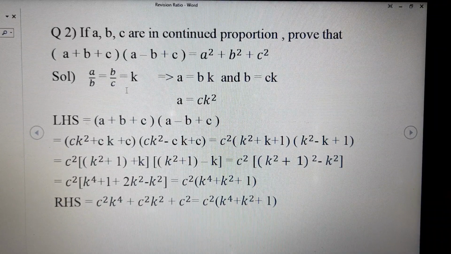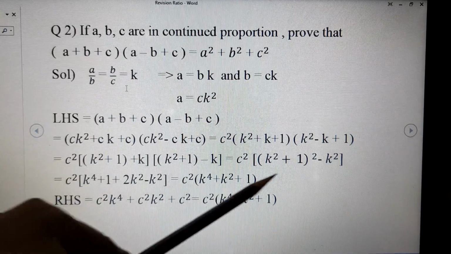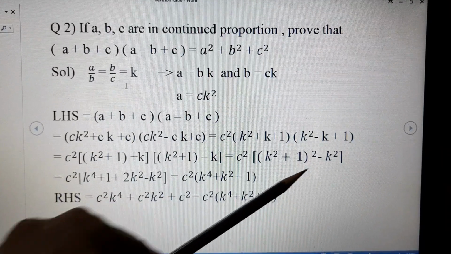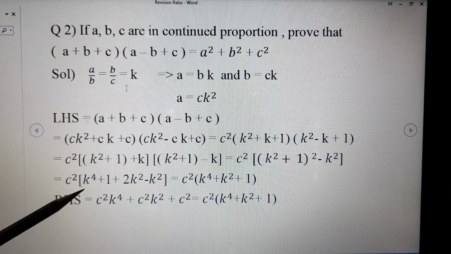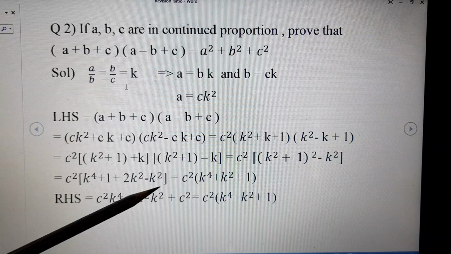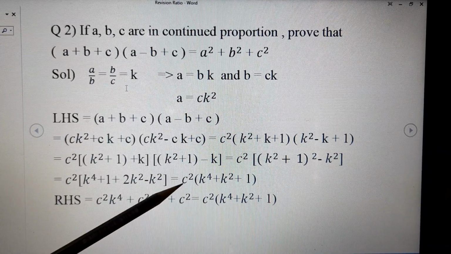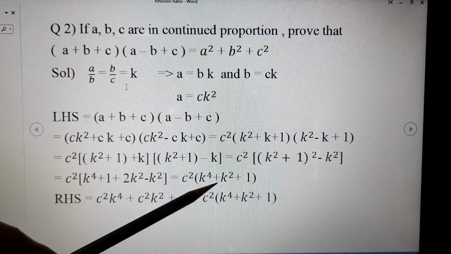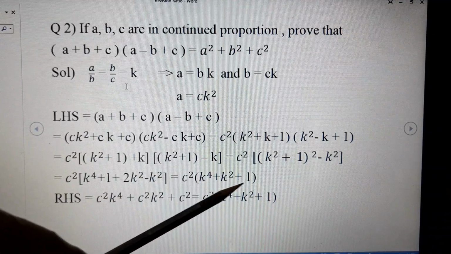So k square plus 1 whole square minus k square. If we open the bracket a plus b whole square, it becomes a square plus b square plus 2ab. That means k to the power 4 plus 1 plus 2k square minus k square. So it will result in c square within a bracket k to the power 4 plus k square plus 1.